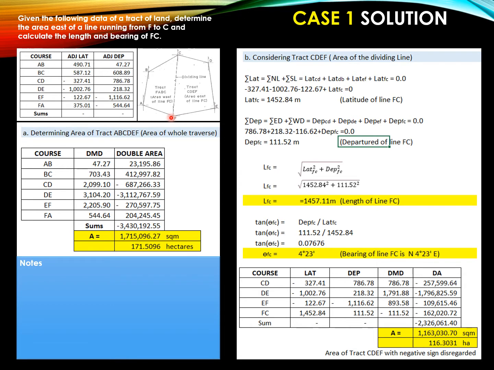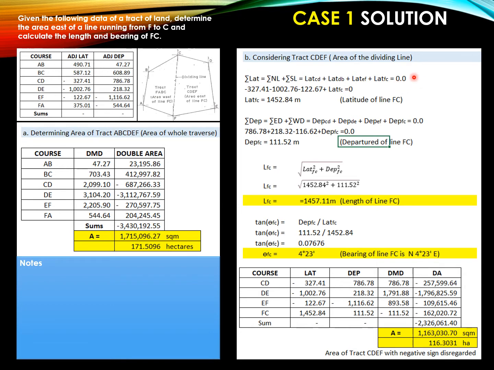So that is the area we are looking for here. We need to determine the area east of the line. But before we get the area, we need to know the length of CF. In order to do that, we need to know the summation of latitude of CDEF: latitude of CD, latitude of DE, latitude of EF, and latitude of FC.